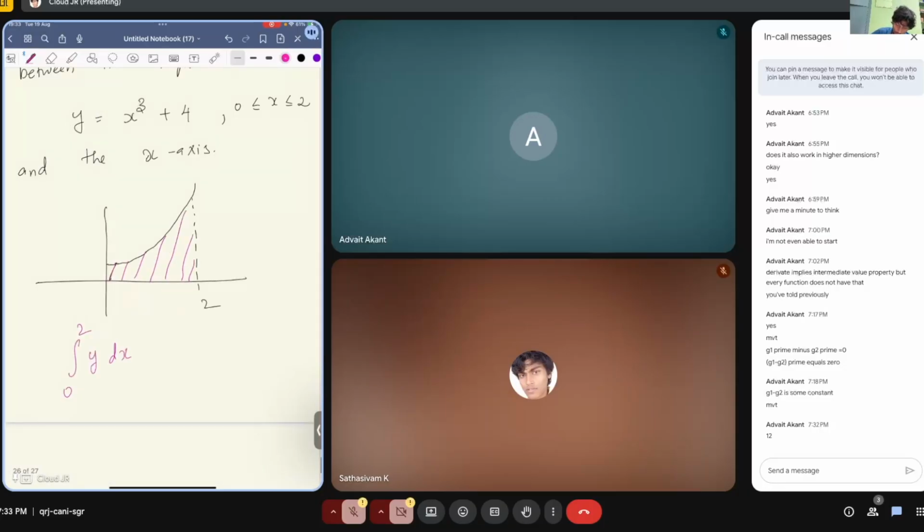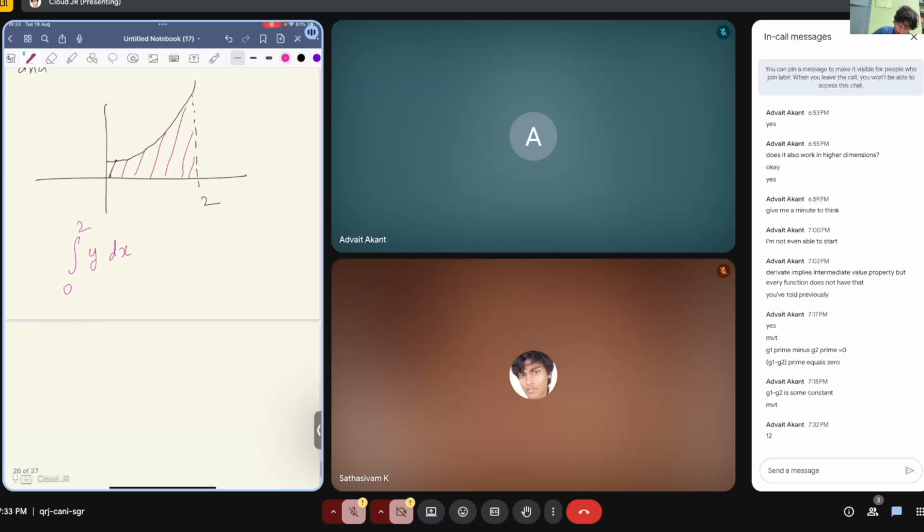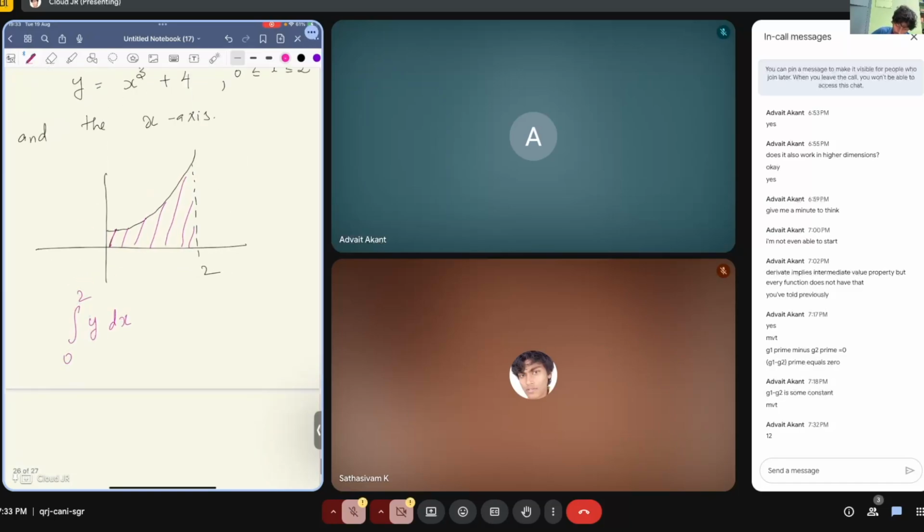Now let's compute this integral. It is the integral from 0 to 2 of x cube plus 4 dx.